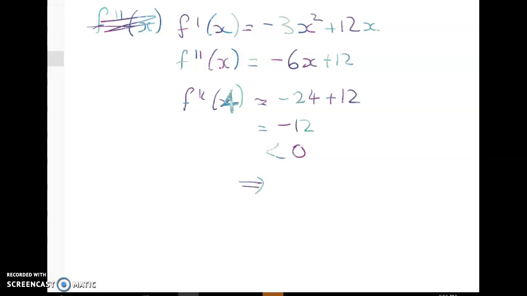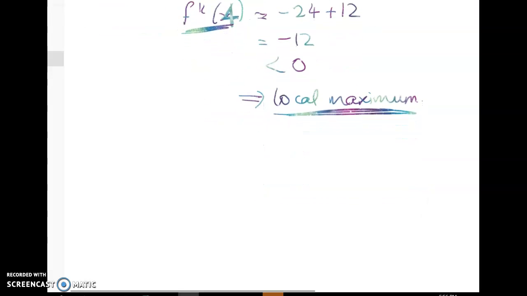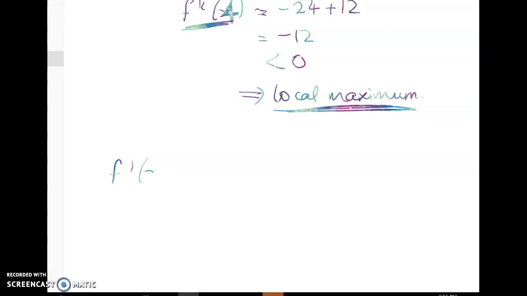So that means that we have found a local maximum. I'm going to talk more in class about why that is, and I'm not going to go any more into that now. But the second derivative test is the easiest way in calculus to show that we've found a local maximum.